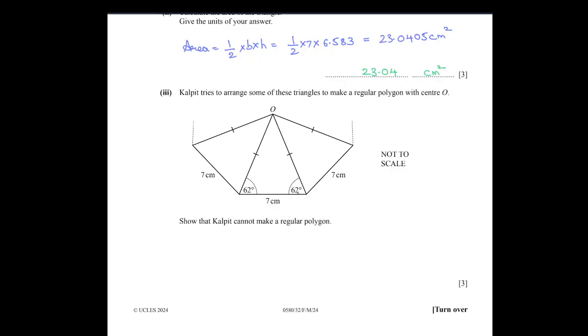So now if this is made with 3 triangles, now he has to add some more triangles, and you will see that all the interior angles are 62 degrees. So let us find out whether a regular polygon has 62 degrees as its interior angle. Then you will get whether it is possible or not.